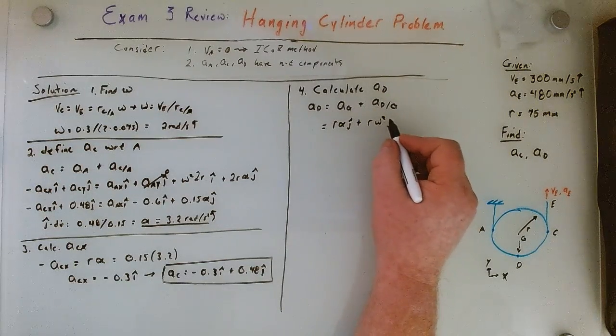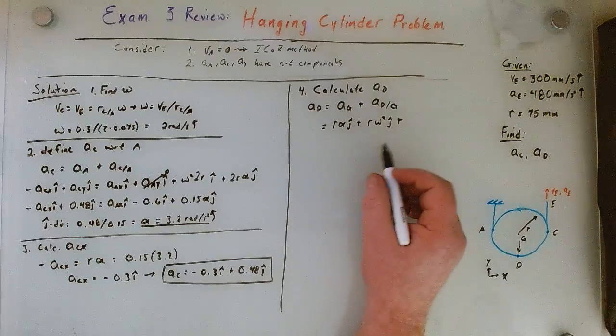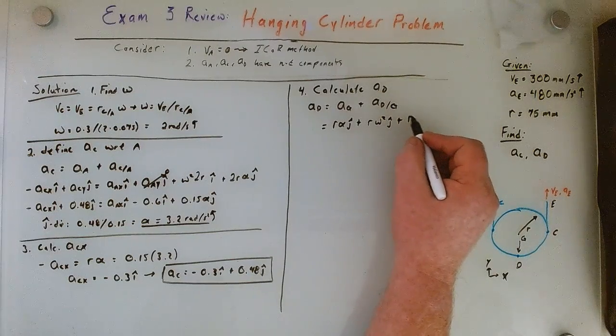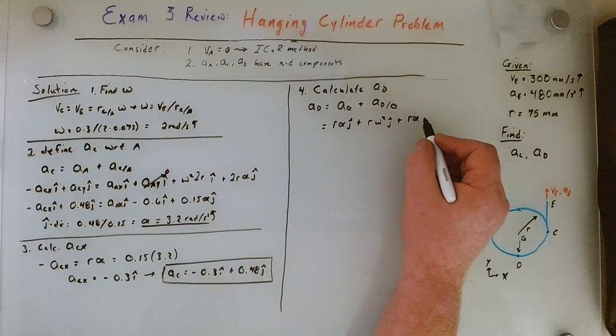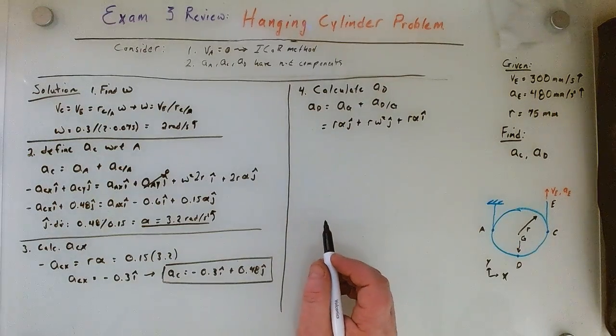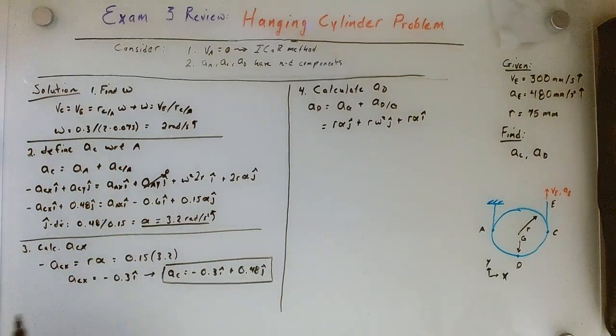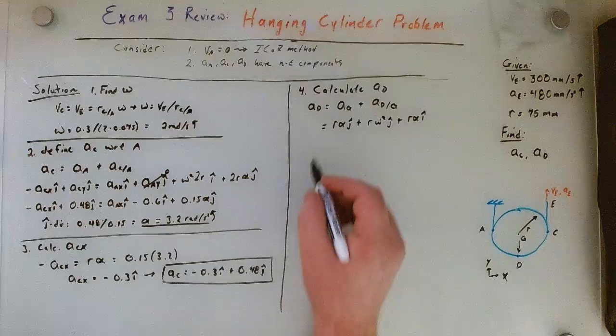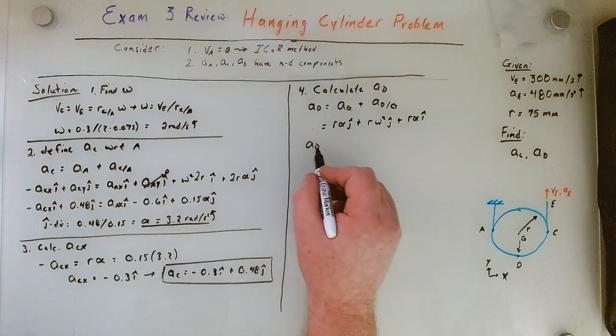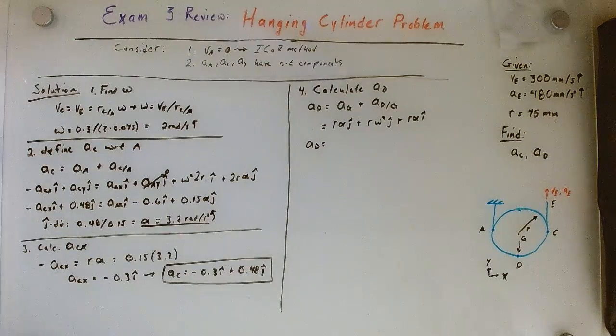That's our normal plus our tangential, and our tangential is r alpha, right? So let's see, r is 0.075, and we'll do this first, right? So a sub d is equal to 0.075 times alpha is 3.2.